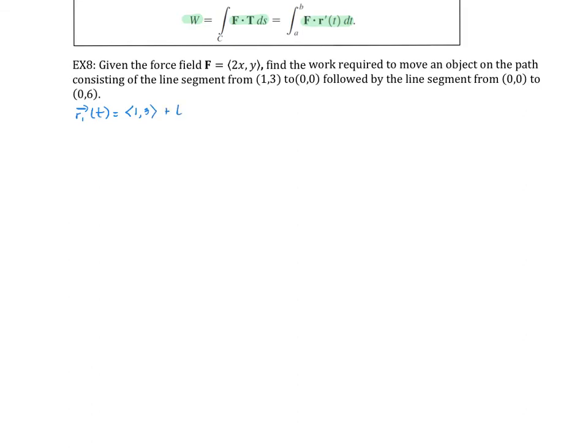And I'm going to add the direction vector, which would be -1, -3. This becomes 1 minus t comma 3 minus 3t. So we can view that as the x and the y.